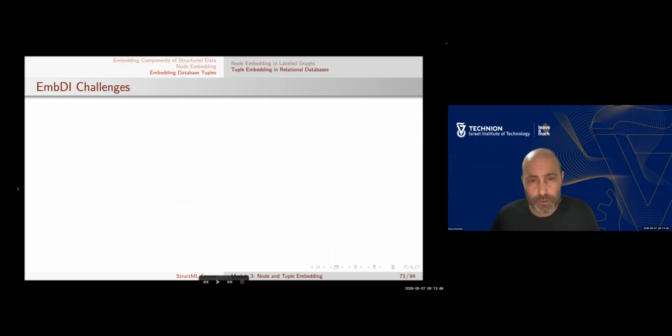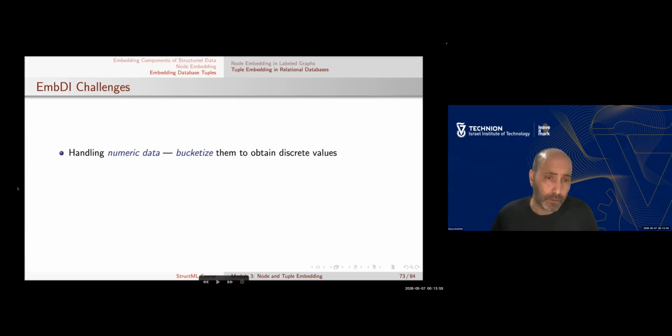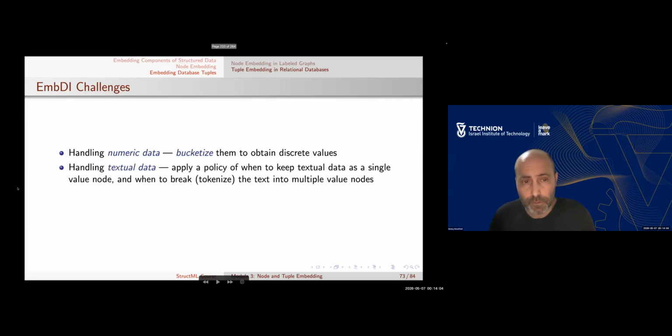Some challenges that they are facing and describing in their work. Well, how do you handle numeric data, where you basically have a continuous space of numbers? So they bucketize them and get the discrete values. What do you do with the textual data?